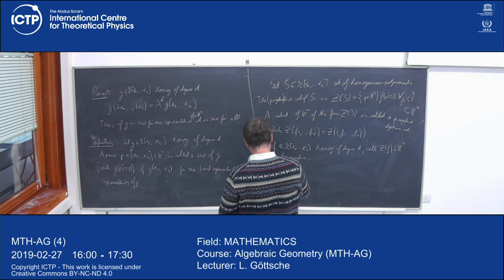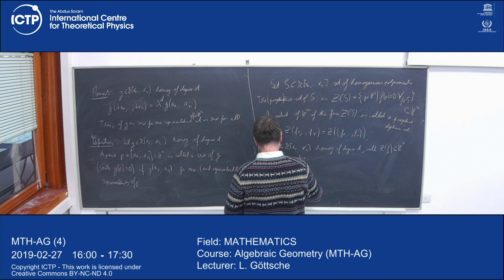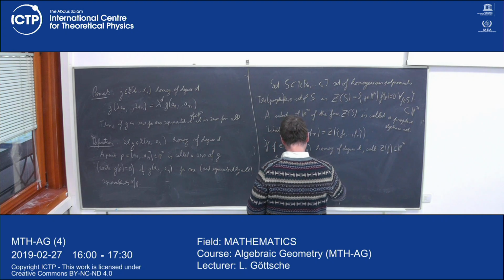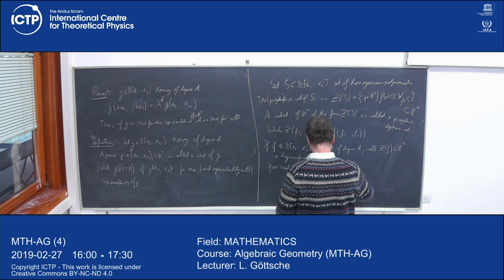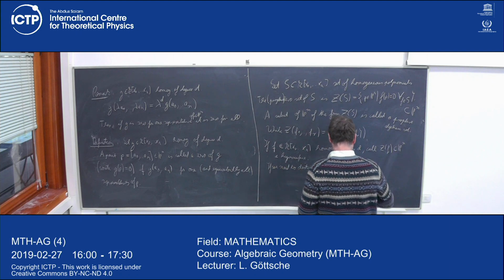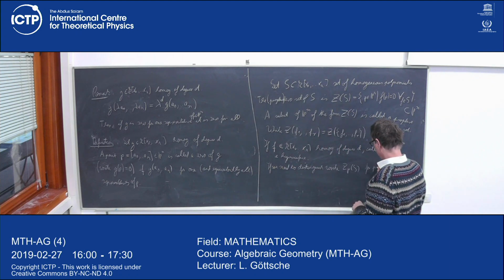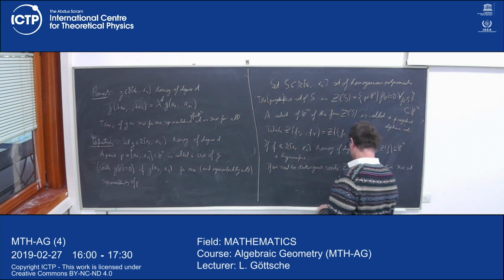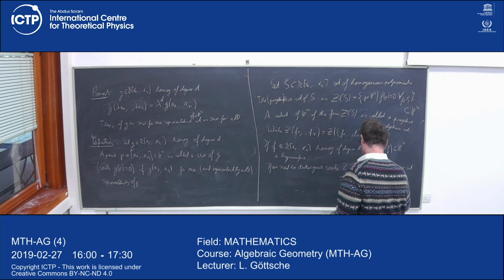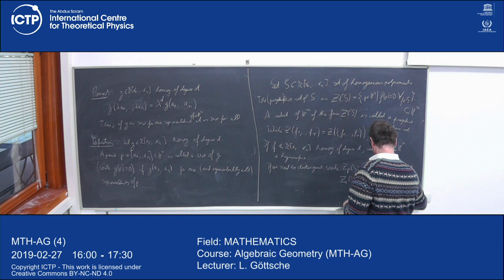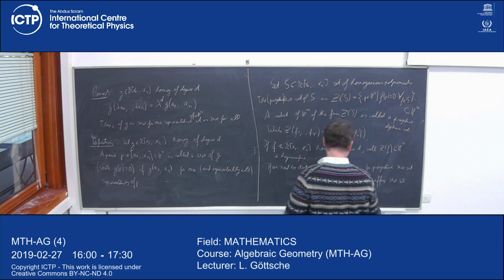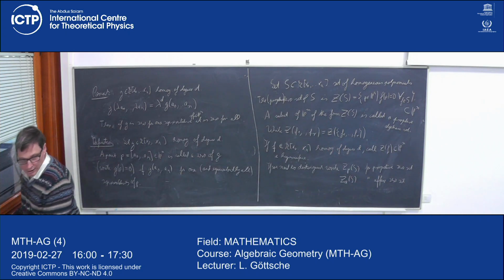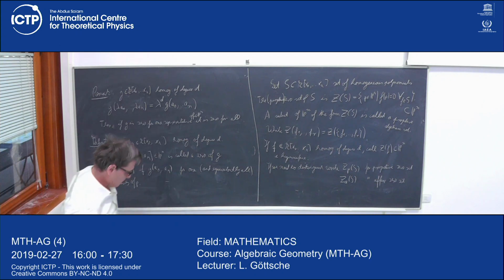So if we need to distinguish, write Z_P of S for the projective zero set and Z_A of S for the affine zero set. Okay, so this lies in projective space, this in affine space.